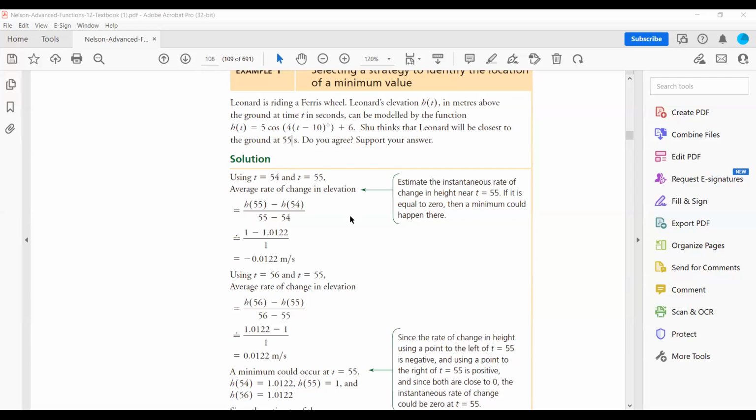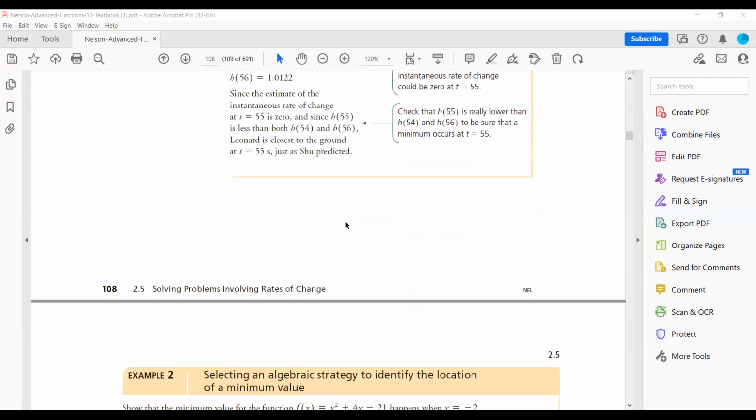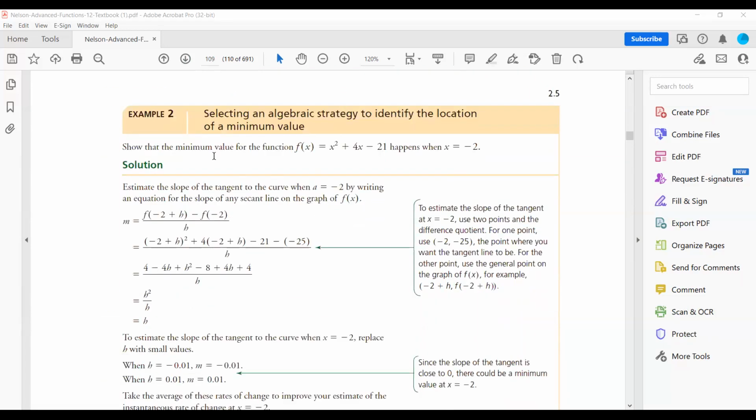So guys, I hope you had enough time to copy down this solution. Let's take a look at example number 2. Show that the minimum value for the function happens when x equals -2.